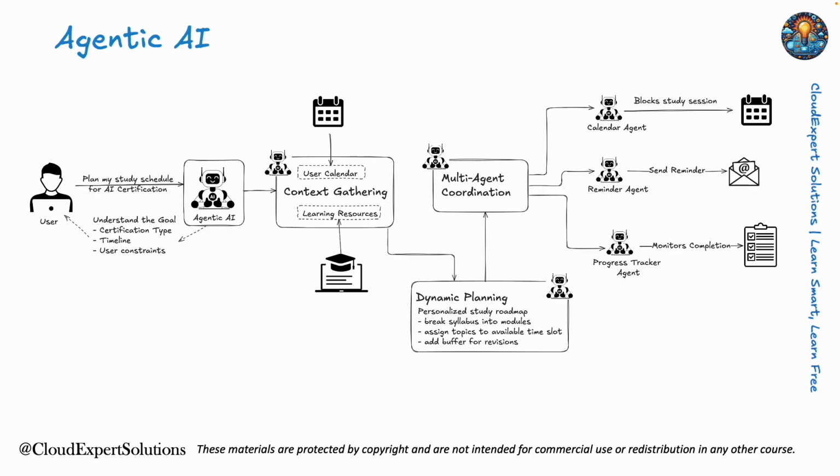This is a diagrammatic example of agentic AI, to schedule your AI certification plan. This is agentic AI because it understands your intent, it can plan dynamically, it can coordinate with multiple agents, and at the end, it can adapt continuously without any manual intervention.